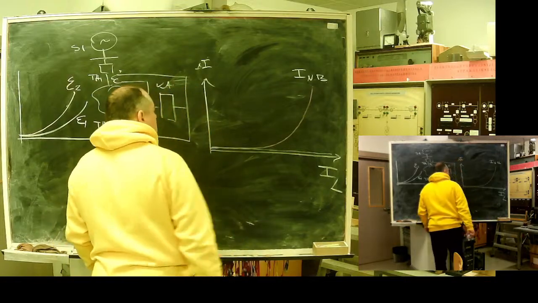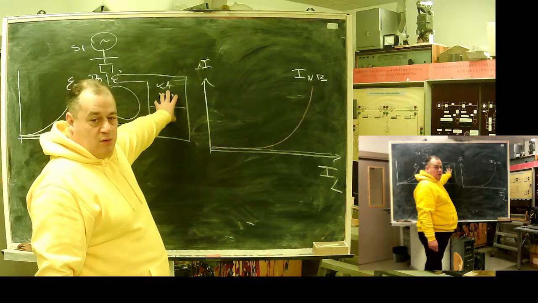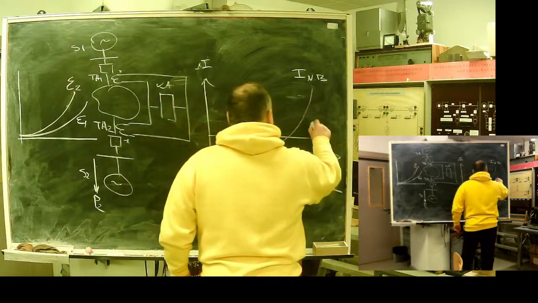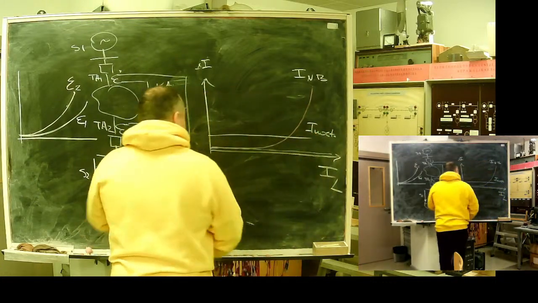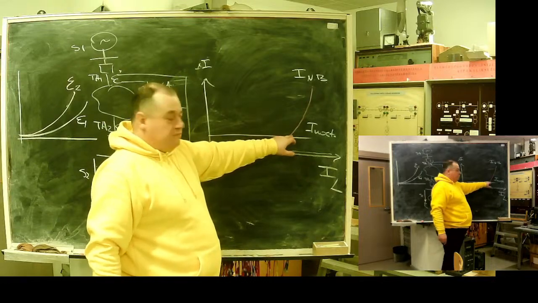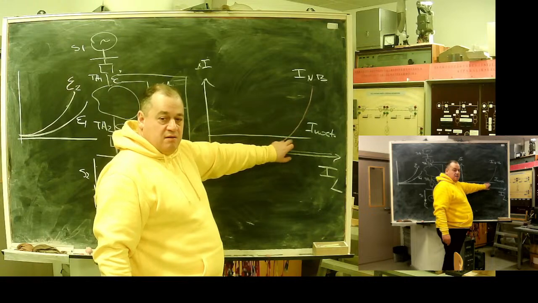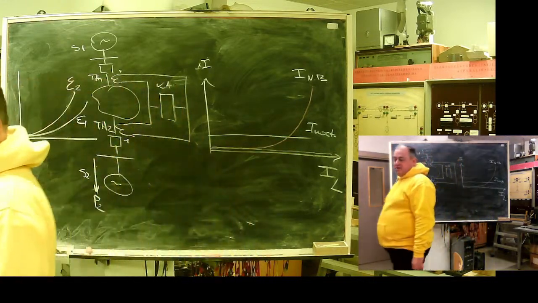We see if our relay has a fixed trip current, it sets somewhere, and this is a limiting point of sensitivity.